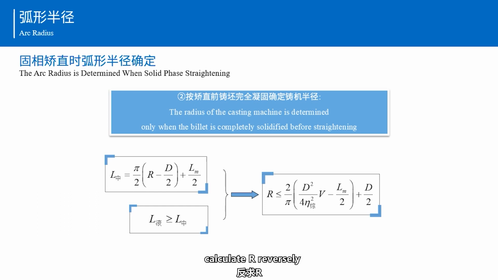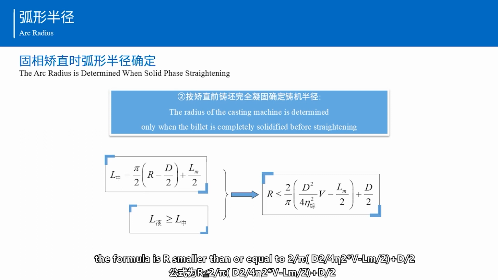Calculate R reversely. The formula is R ≤ 2/π × (D² / 4λ² × V − Lm/2) + D/2.